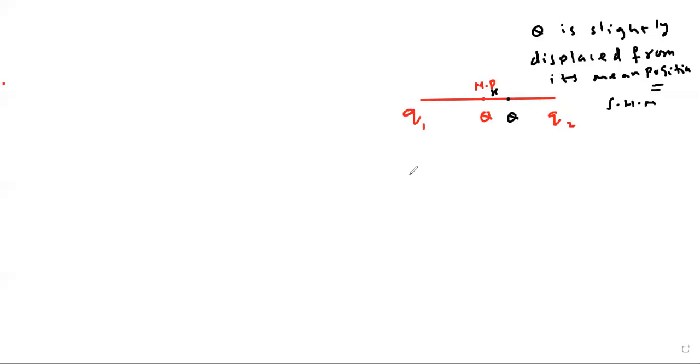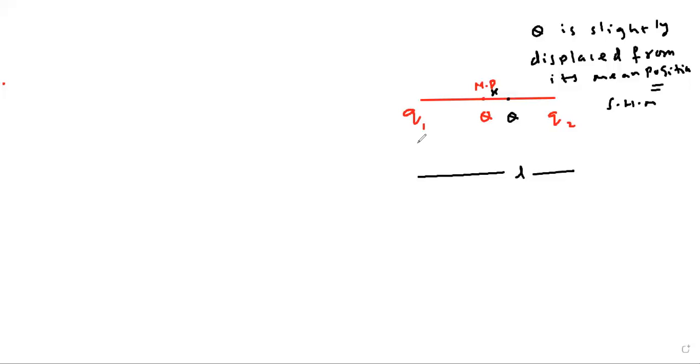So the actual distance: Q1 and Q2 are separated by L distance, that is, the distance between Q1 and Q2 is L. If a third charge is placed at the midpoint, at that point F net is equal to 0, right?